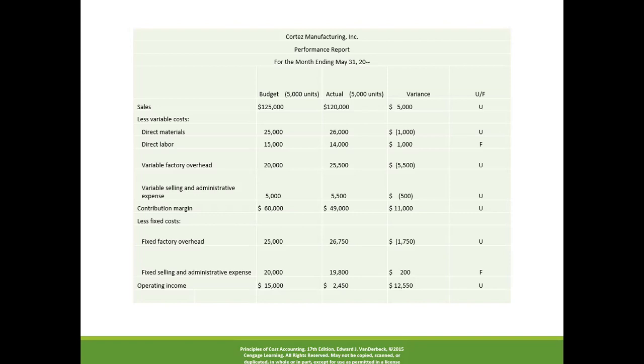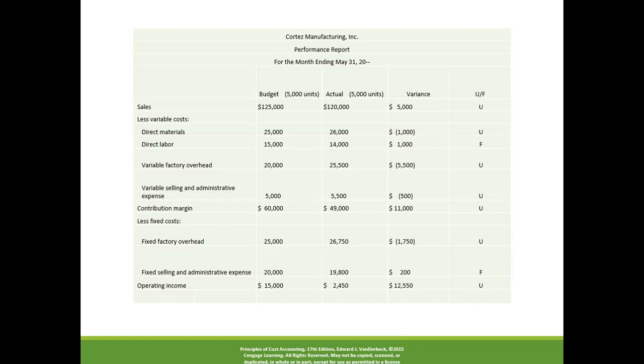This direct labor variance is a favorable variance, so we might not spend too much time investigating it, but we might want to look at replicating that in the future and paying less than what we budgeted.